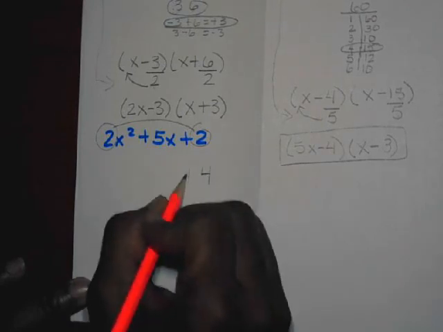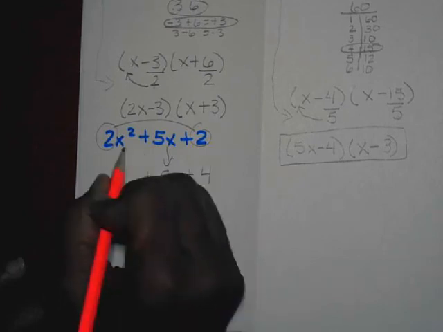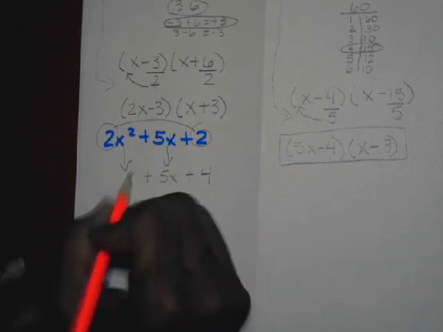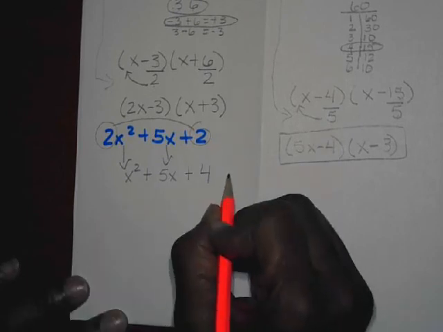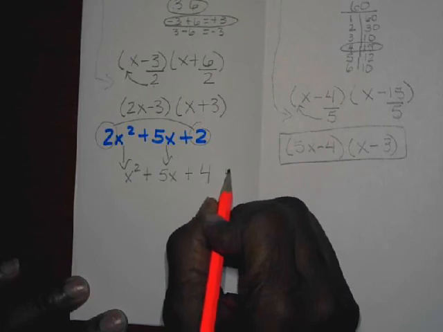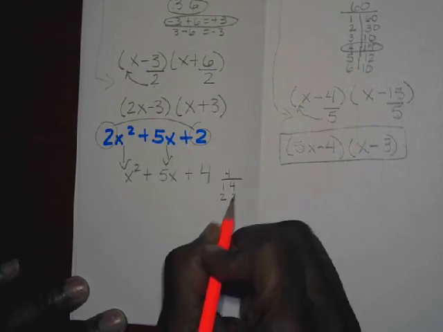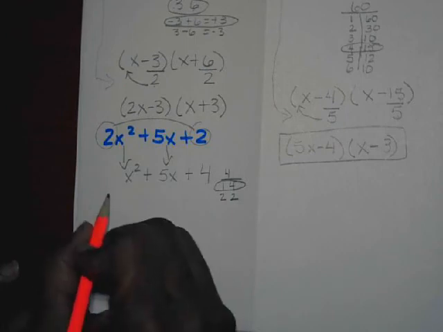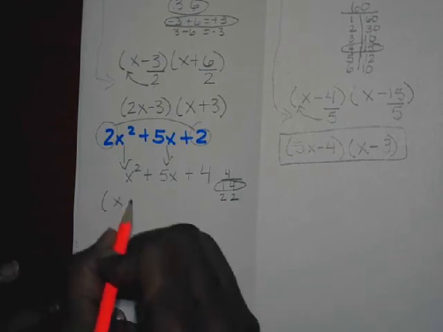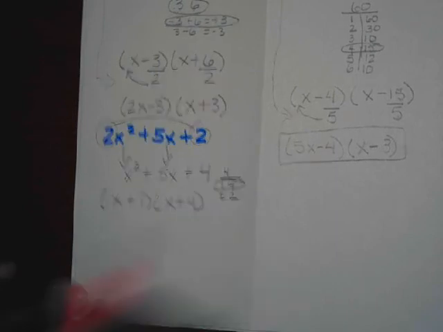Copy down everything else. Okay, now I need to factor. I'm going to write it over here to the side. Two numbers that multiply to give me 4, that add to give me 5. 1 and 4, and 2 times 2. So this will give me 5. So this will be x plus 1, x plus 4.